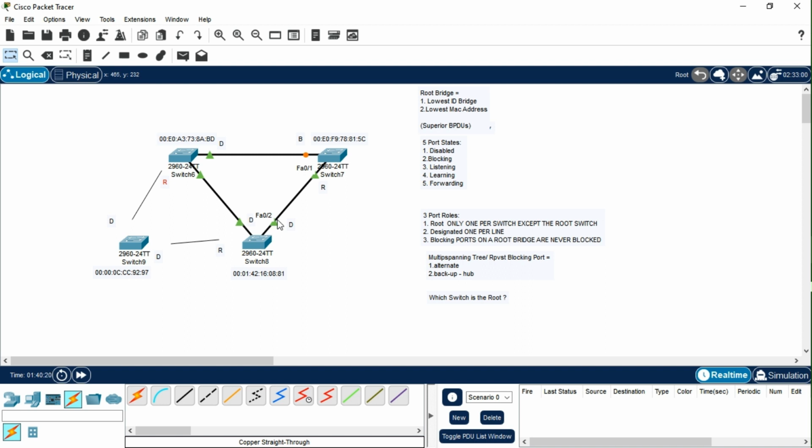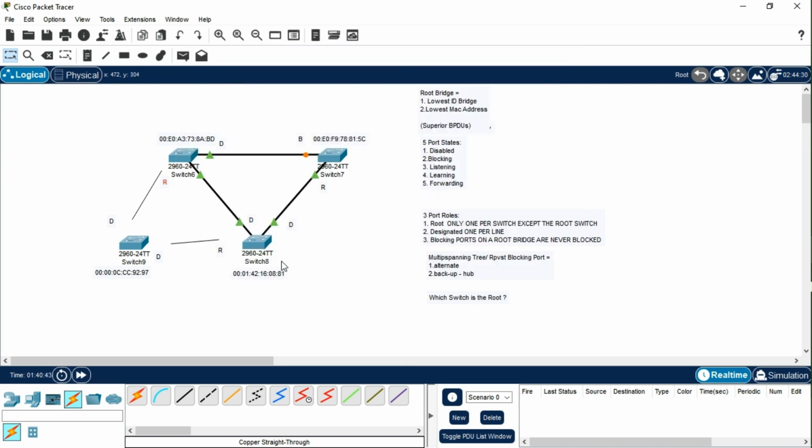Let's go back to our rules for just a second. We have our root port here, and we have our root port here. For this one, which would be faster? Would it be faster to go this way, or would it be faster to go this way?